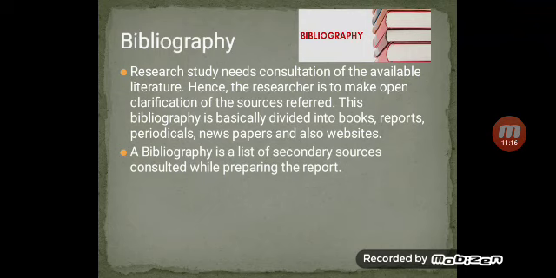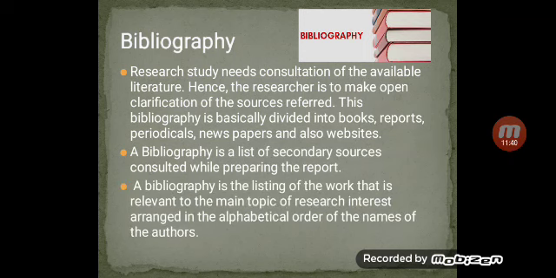A bibliography is a list of secondary sources consulted while preparing the report. When you take information from websites, newspapers or journals, it becomes secondary data, because you have not primarily gone and visited the person. It is someone else's information you are referring to.